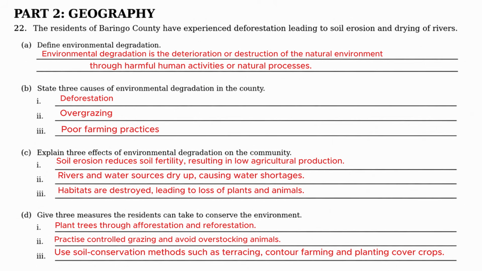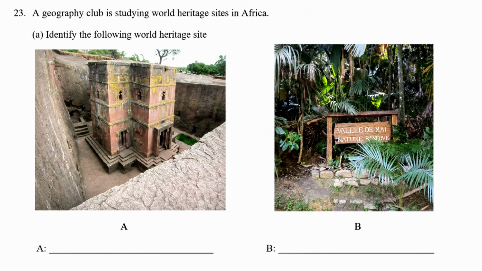We go to question 23. So question 23 says, a geography club is studying World Heritage Sites in Africa. Question A says, identify the following World Heritage Sites. You see, we have 2 pictures. We have A and we have B. So first of all, that B, that beach there is called the Vallée de Mai Nature Reserve in Seychelles.